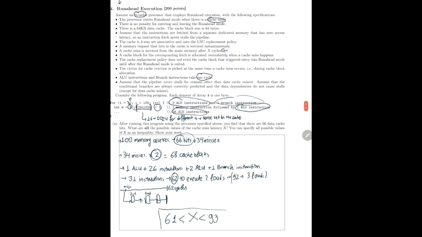So the number for the total latency will be between 61 and 93. I will repeat. If the miss lasts 62 cycles, then Runahead will have time to go in, fetch the first prefetched block.